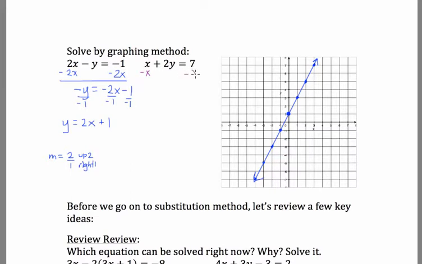Again, change from standard form into slope-intercept form. I'm going to change that 7/2 into 3.5, so I have a better idea of where my b number will be. That b number at 3.5 will be right here.